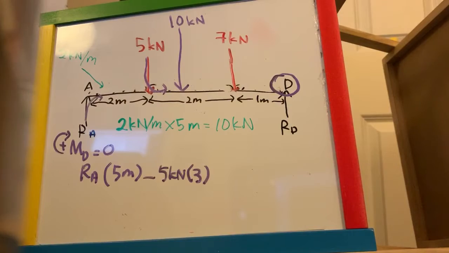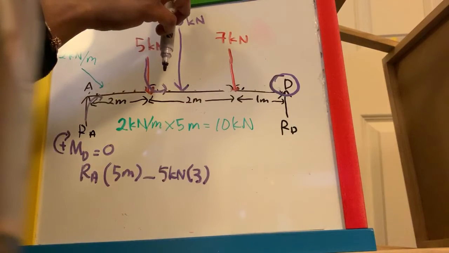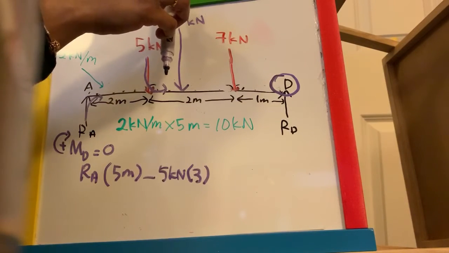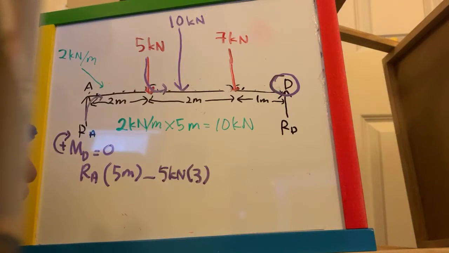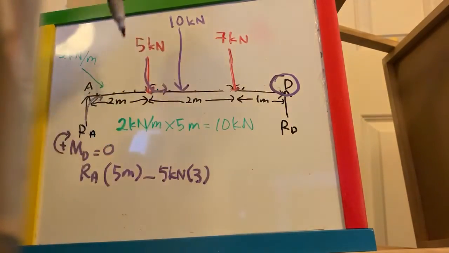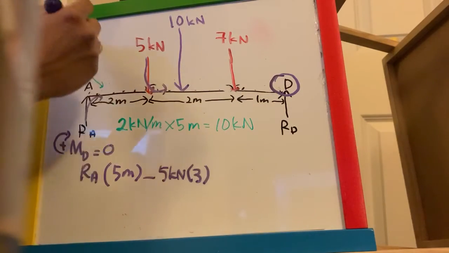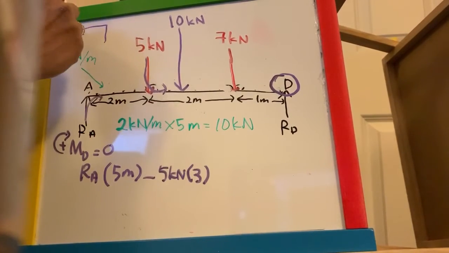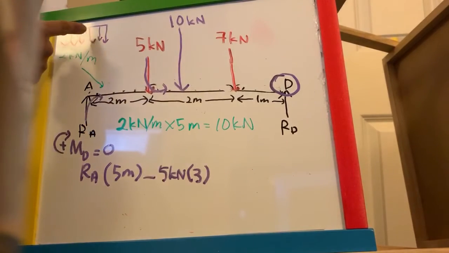Then the third force that we'll be looking at is this 10 kilonewton force, again pointing downwards. Usually when it's on top of the diagram it will always be pointing downwards, which is why I always like to use an arrow, as if the question was simplified to a uniformly distributed load like that, using the same direction.